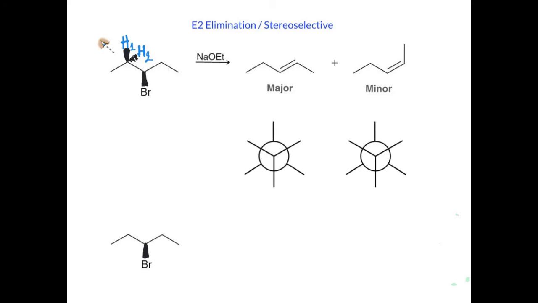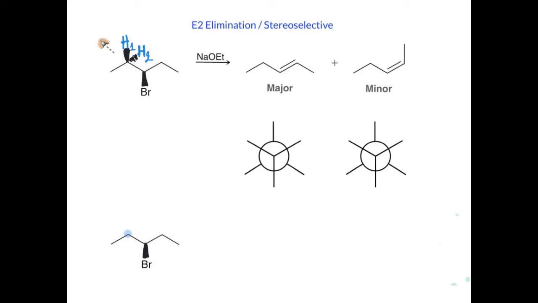In the second example, we're going to see an E2 stereoselective elimination reaction. In the alkyl halide we have here, we can clearly see that we have one kind of beta hydrogens, and those are the CH2 hydrogens. Because the molecule is symmetric, we can omit one of those and we'll see the outcome only with one pair of CH2, because the molecule again is symmetric.